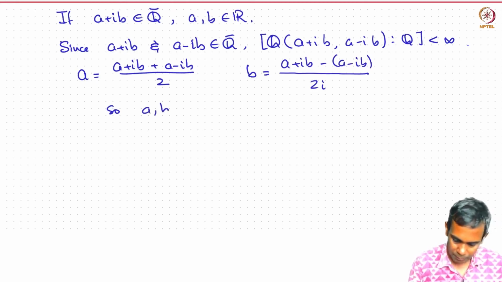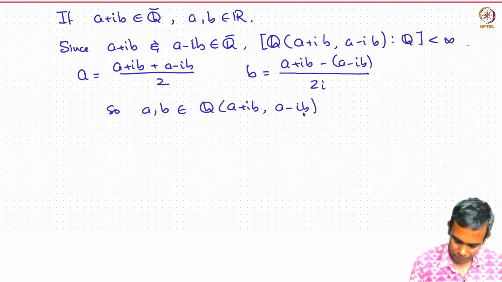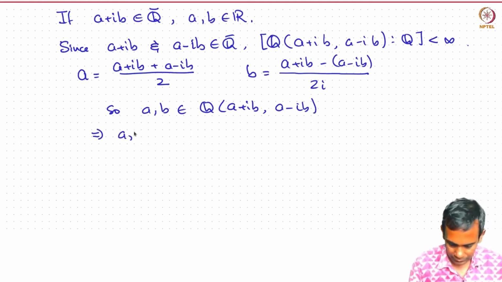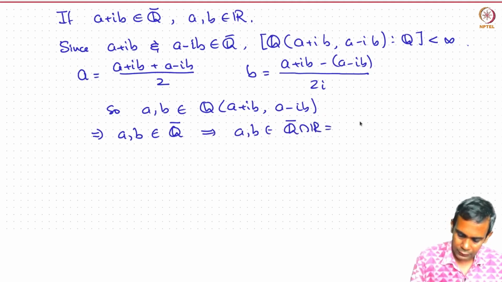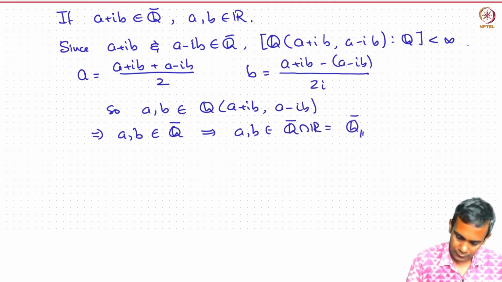So a and b lie in this field Q(a + ib, a - ib), which is an extension of finite degree. Therefore, a and b belong to Q bar, which implies that a and b belong to Q bar intersect R, which is Q bar R.